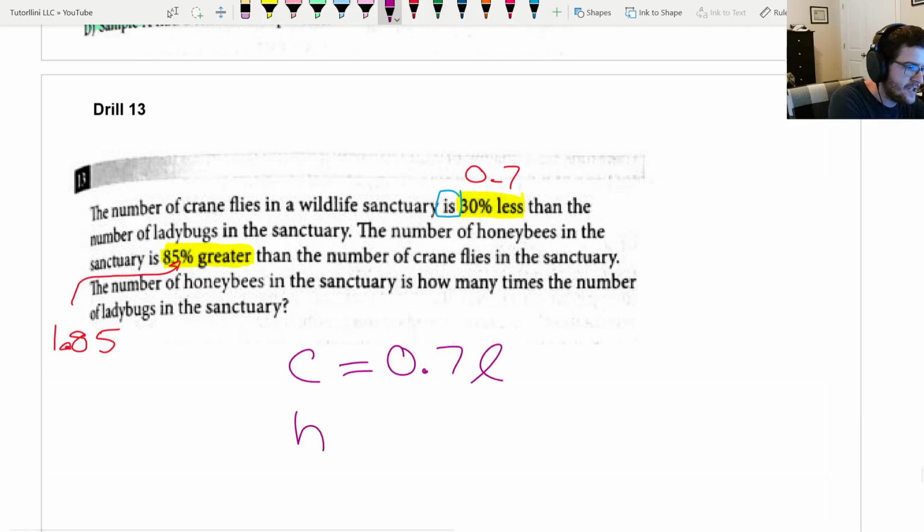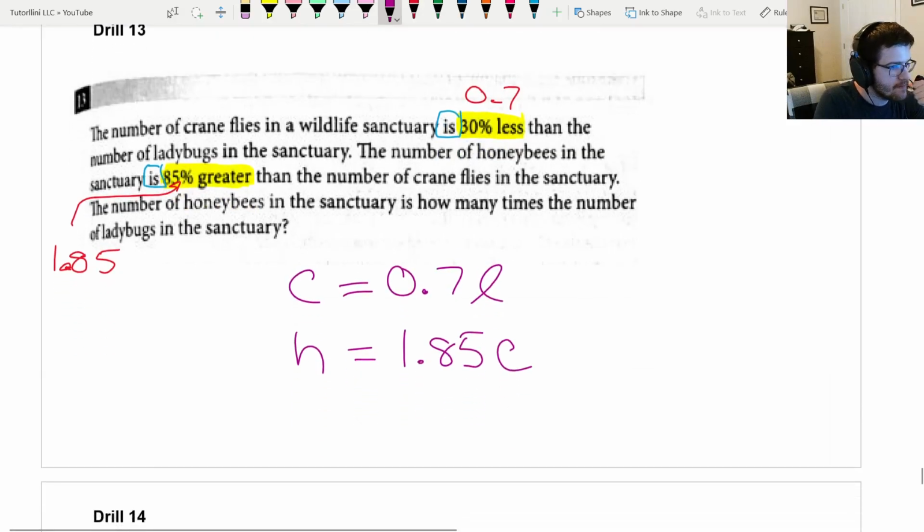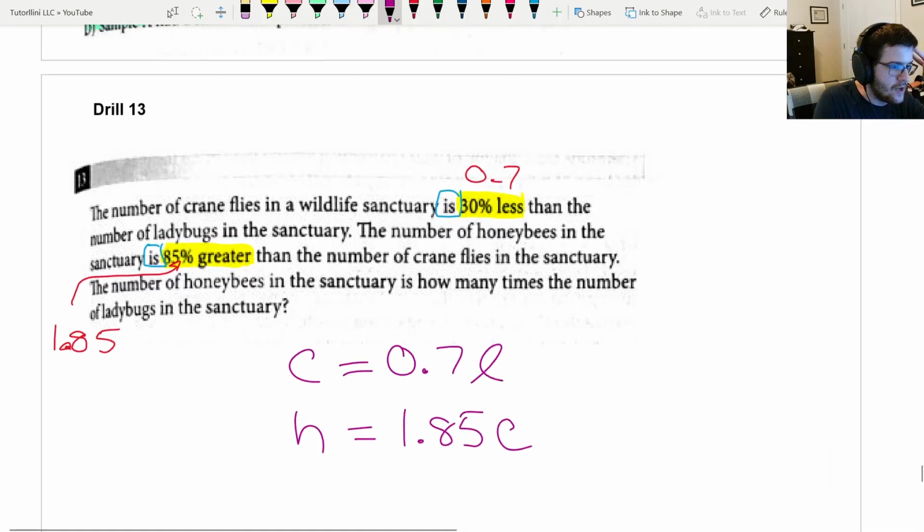When we use H, we see the magic word is, which means equals 85% greater. So 1.85 times the number of crane flies, C. Now it wants to know honeybees and ladybugs. So you see how we have a common letter C.